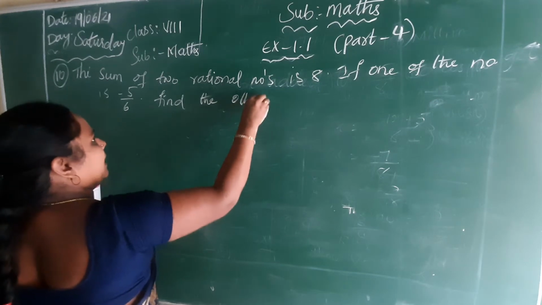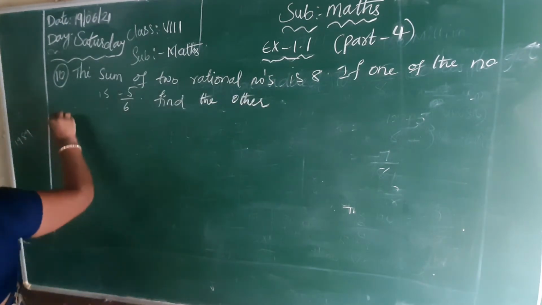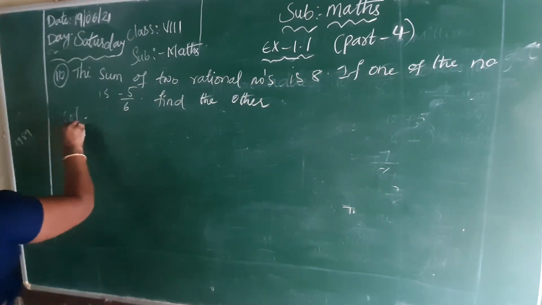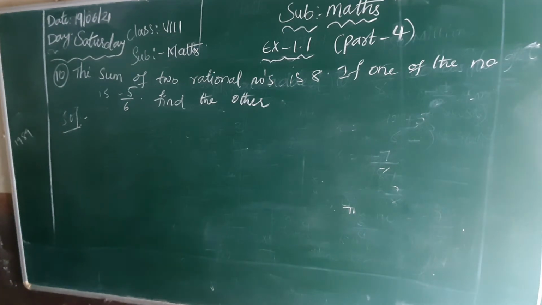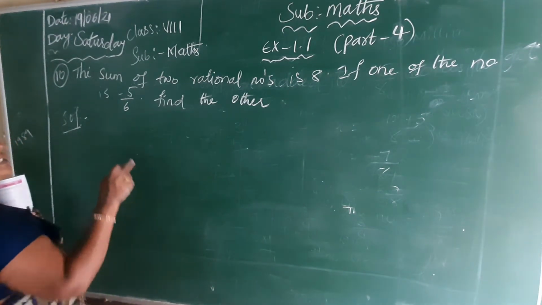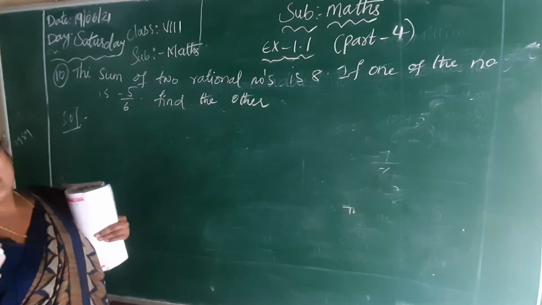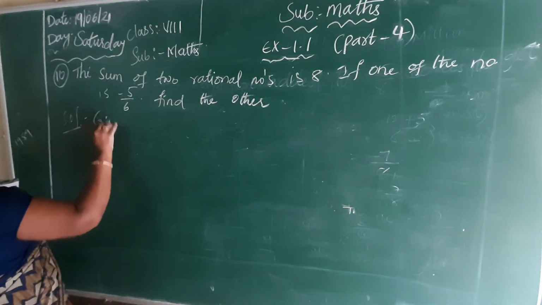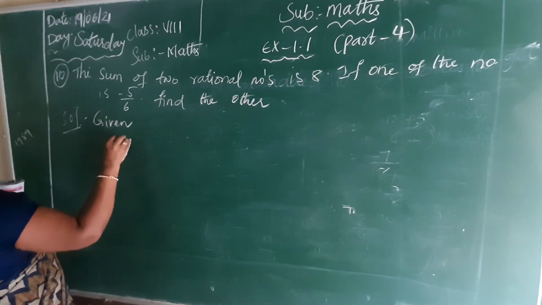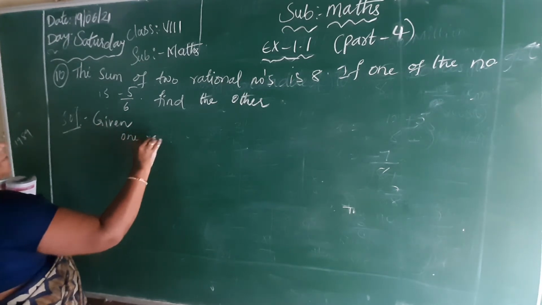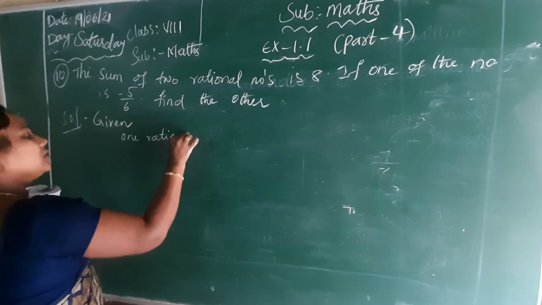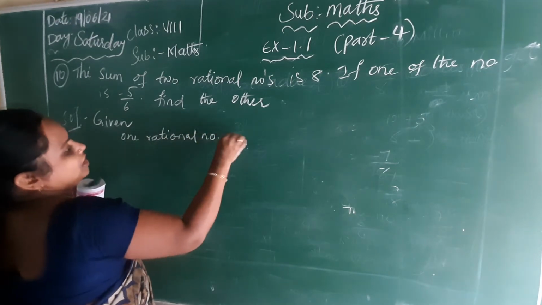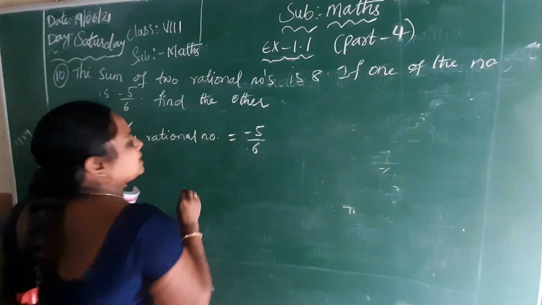So given here, the sum of two rational numbers is 8. One rational number is given as minus 5 by 6. We don't know the other rational number.